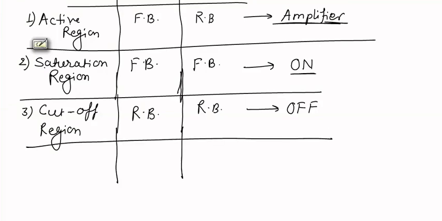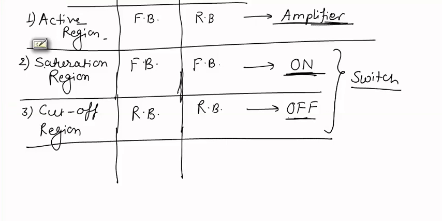So when biased in active region, BJT can be used as an amplifier, and biased in saturation and cutoff, BJT can be used as a switch. When operated in saturation, it will be on switch, and when operated in cutoff, it will be off switch.